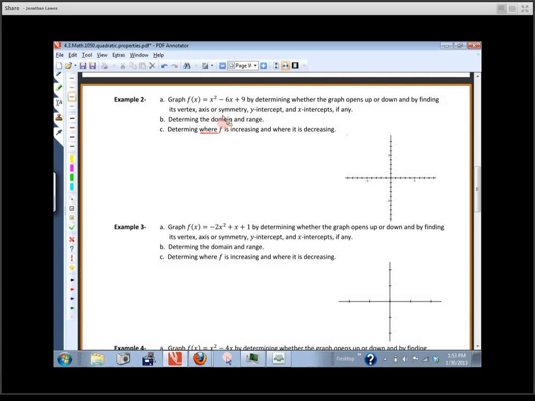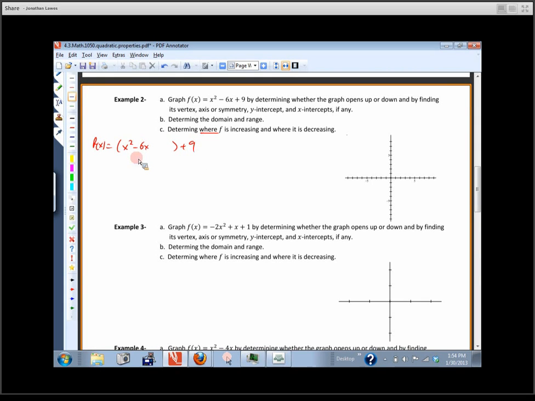So I'm going to put this in vertex form, a nice graph-friendly form. So this is f of x. Notice the coefficient is already 1, so I'm just going to start my set of parentheses, close the set of parentheses and then put the 9 there. I'm not going to do all of them this way, but I'd like you to do these the same way I'm going to show you here.